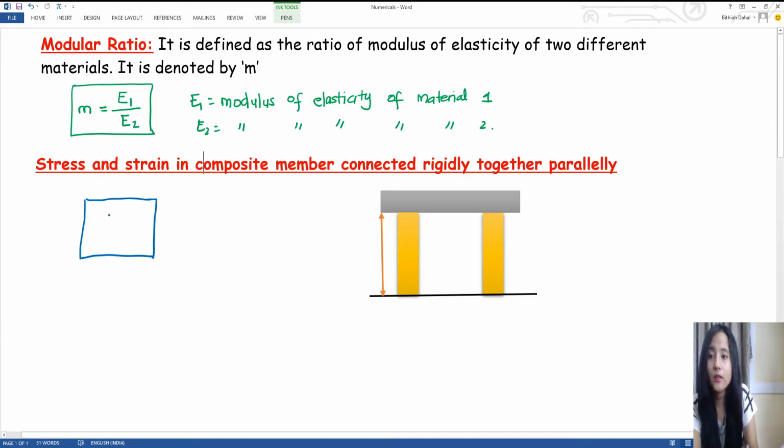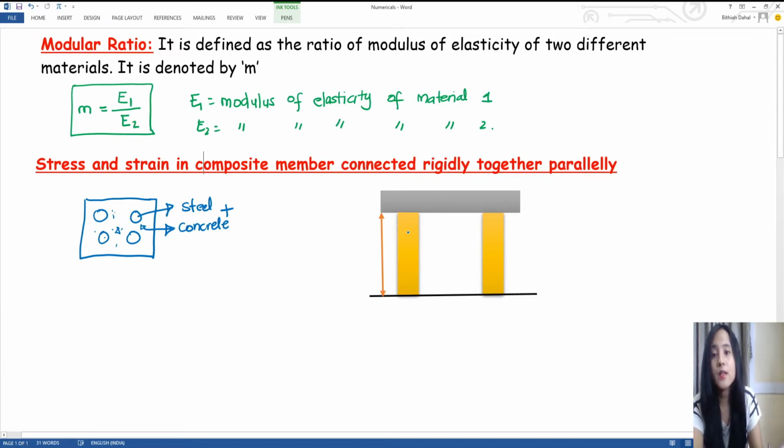I'm taking this column here, which will be made out of steel and concrete. So steel plus concrete is making this column. This RCC structure is a composite material, which means it is made out of two different materials.